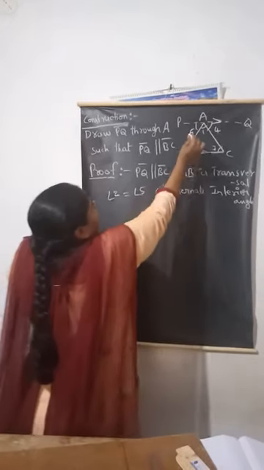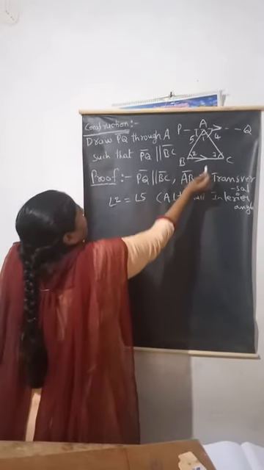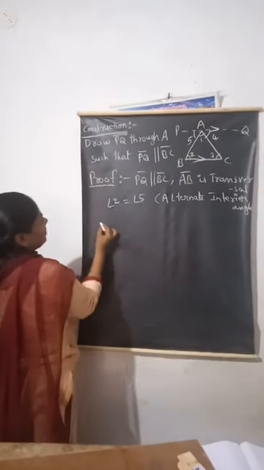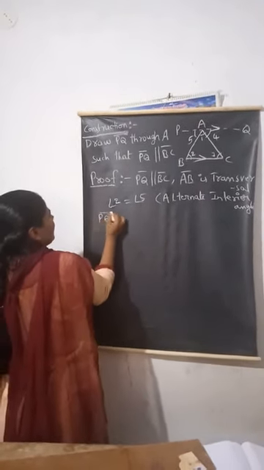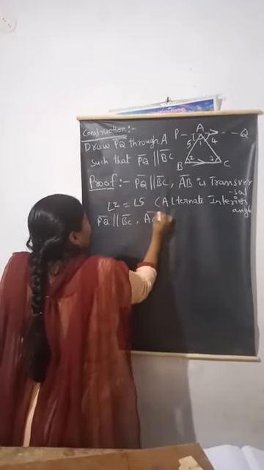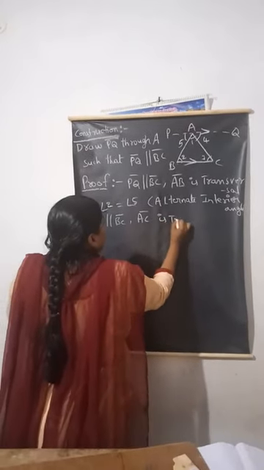Next, PQ and BC are parallel lines, and AC is a transversal.